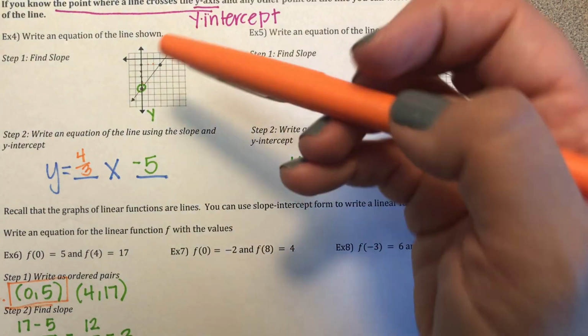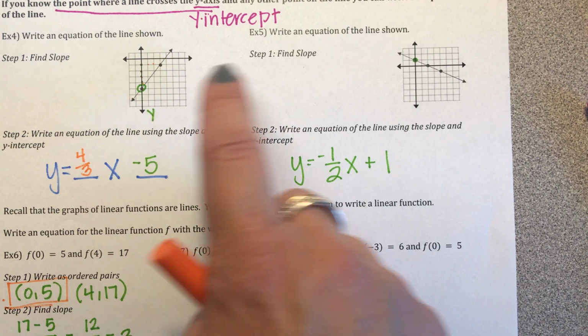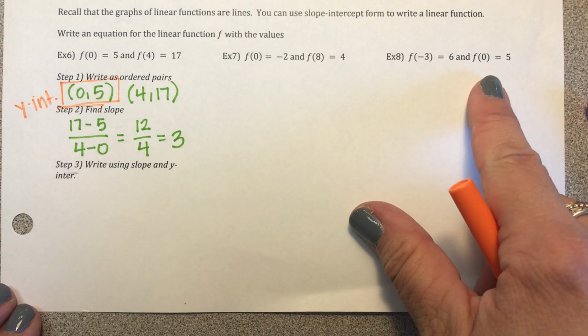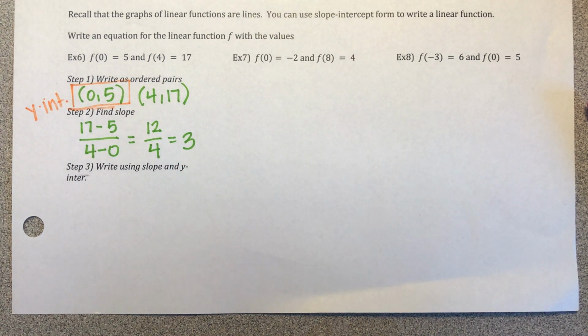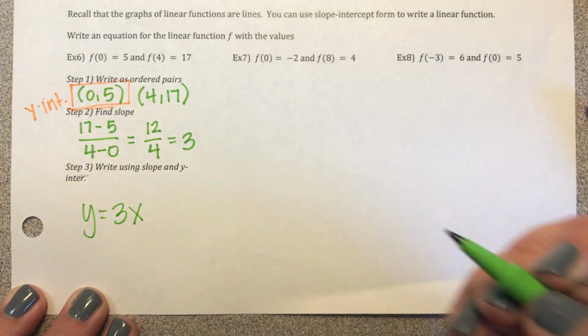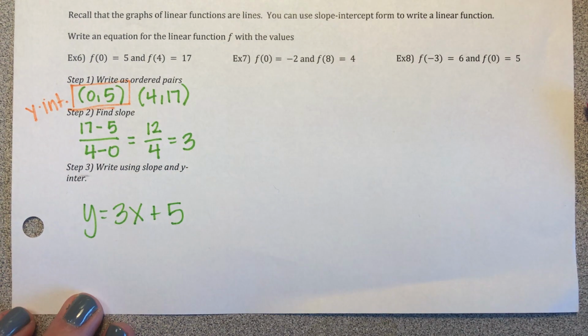If we went back up here and wrote down this ordered pair, it's 0, -5. This one is 0, 1. Every time the x is 0. So when the x was 0, the y was 5. We know the slope because we just found it. So y equals 3x, and then the y-intercept would be plus 5.